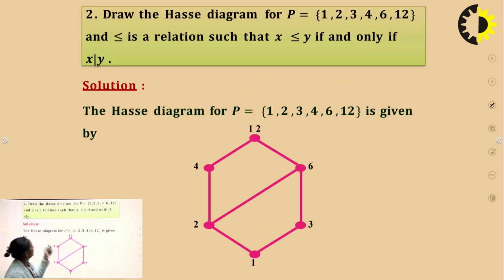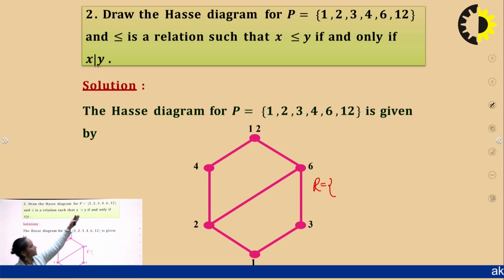Next, again the set is P equal to 1, 2, 3, 4, 6 and 12, and the relationship is again divisibility. So as I told you, we have to create the relation set R. What are the members of the set R for the given set? Here the set elements are 1, 2, 3, 4.